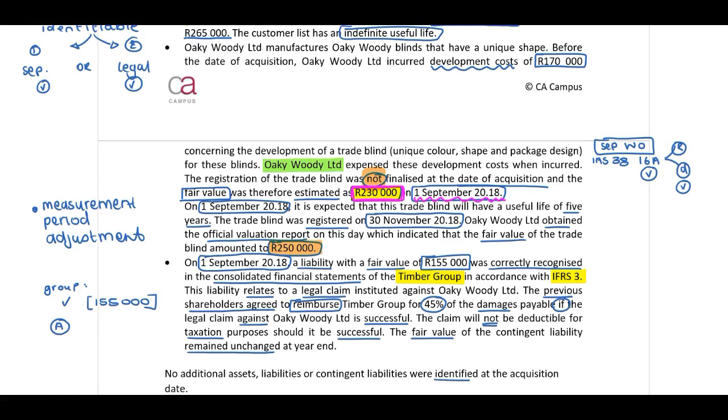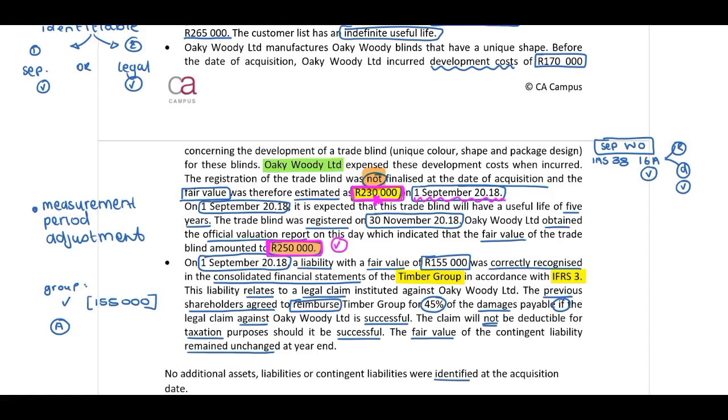But, guys, very important, we do have the 250,000 value. We know that this is a measurement period adjustment, right? You with me? Therefore, I am going to include the 250,000 at acquisition date and not the 230,000.